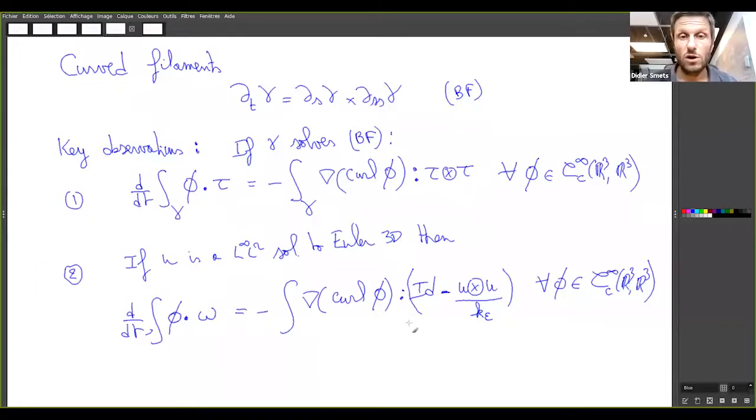So what remains to be done now? I recall, the goal is to relate the Euler equation in an asymptotic setting with these small vortex tubes to the binormal curvature flow equation. So now what do we have? We have two identities, I should say two formulations, that look close to each other.